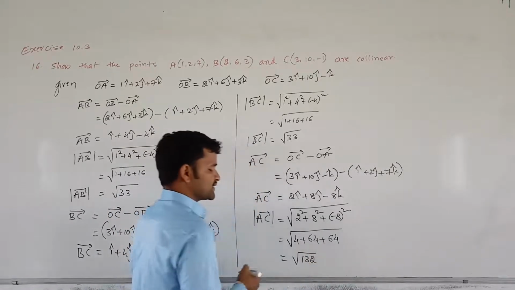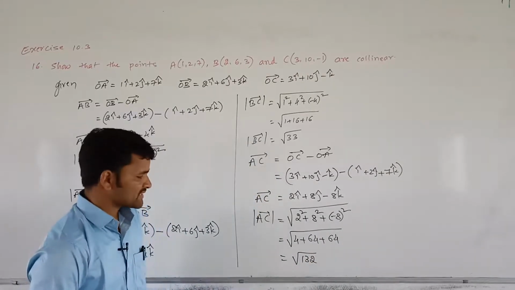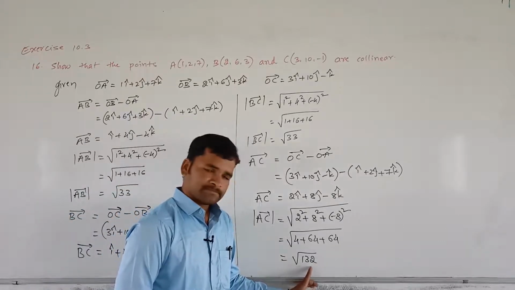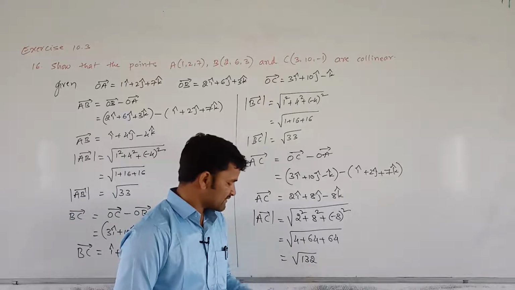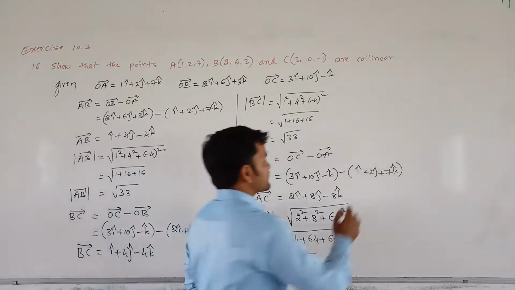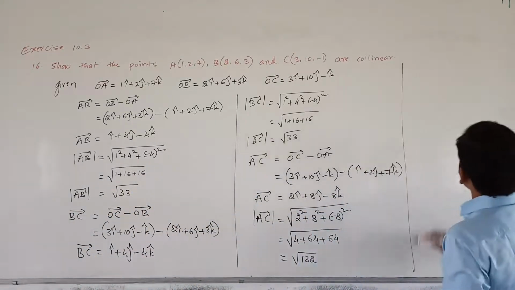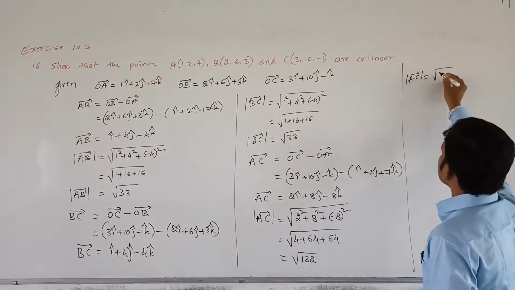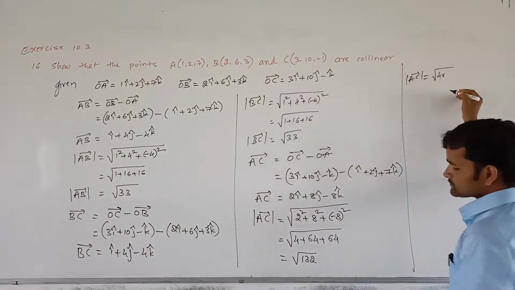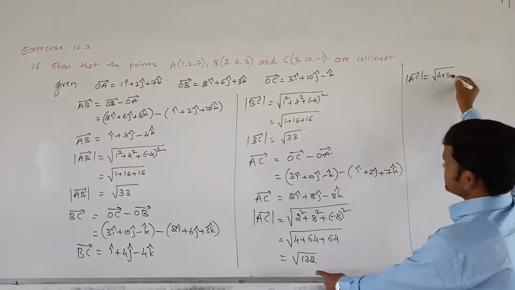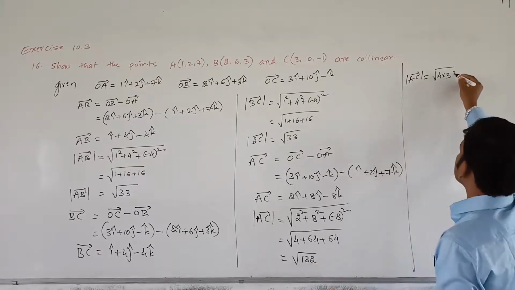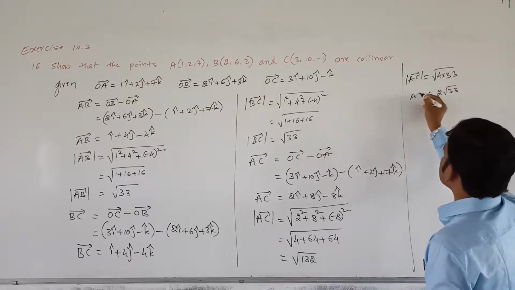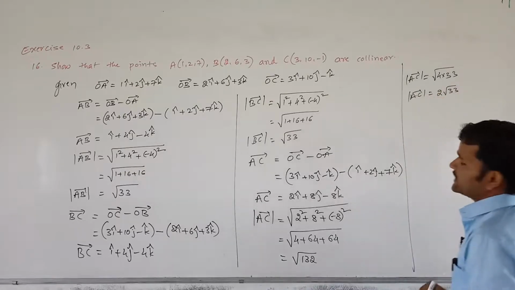Check, is 132 a multiple of any perfect squares? We can divide it by 4. Yes, as you can divide it by 4, magnitude of vector AC is equal to square root of 4 into 33, that is 2 into square root of 33.